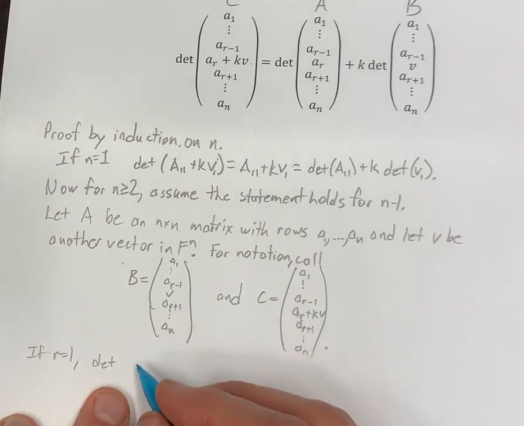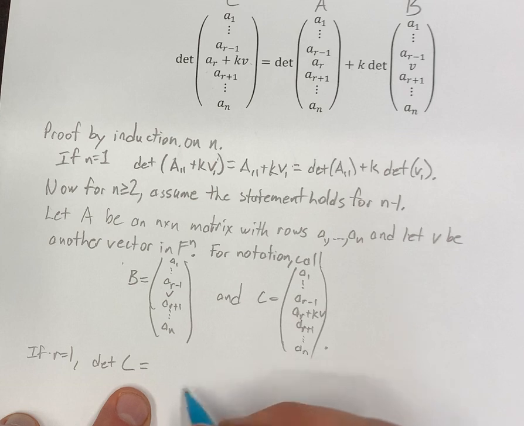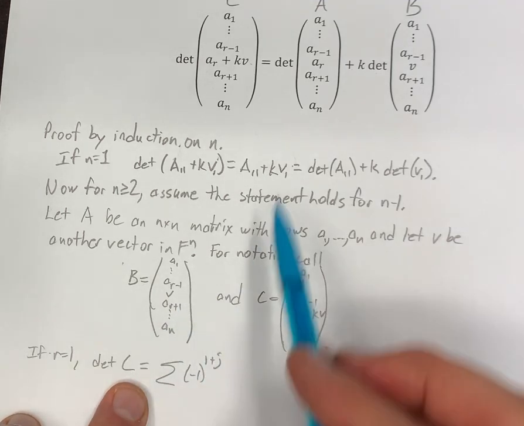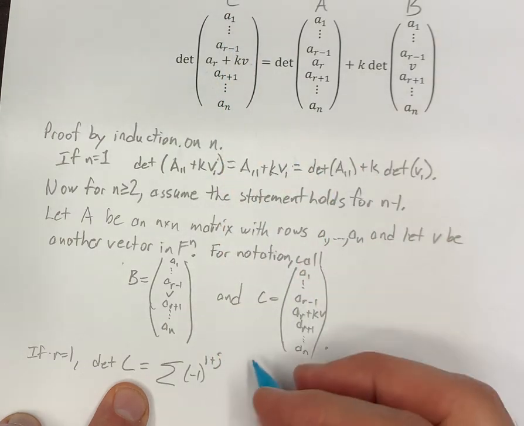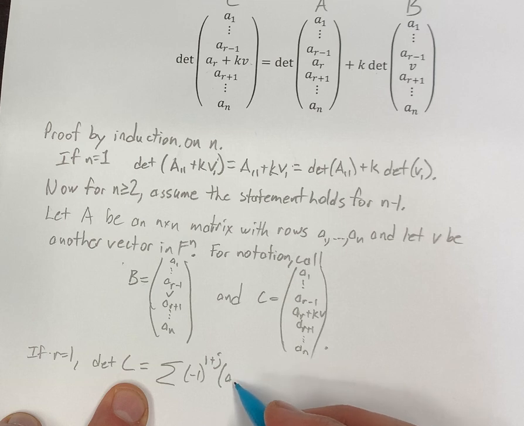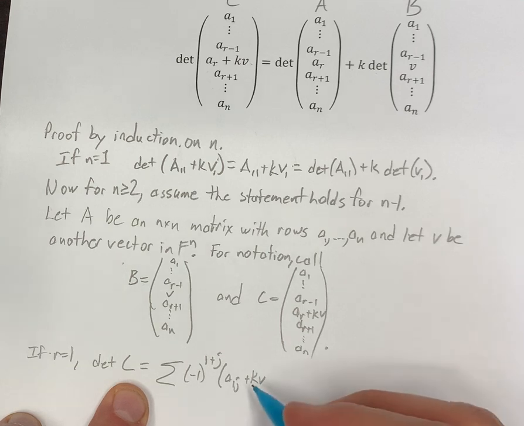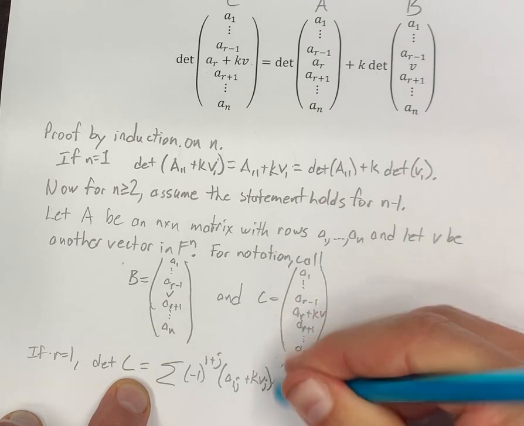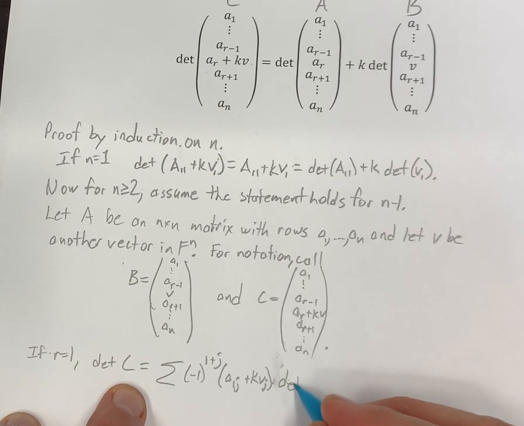The determinant of C equals the sum of (-1)^(1+j) times the top entries, which are a1j plus k vj, times the determinant of the A1j minor.